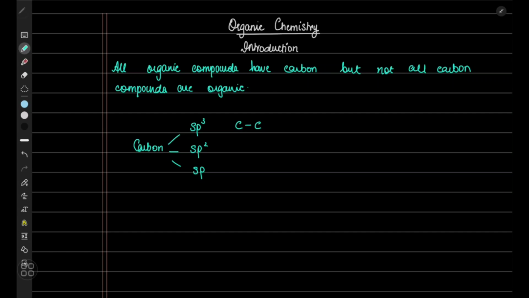With sp2 hybridization, carbon makes double bonds with other elements. And with sp hybridization, we're talking about a triple bond. This ability of carbon to show all these three types of hybridization is one of the reasons it's so central in nature.